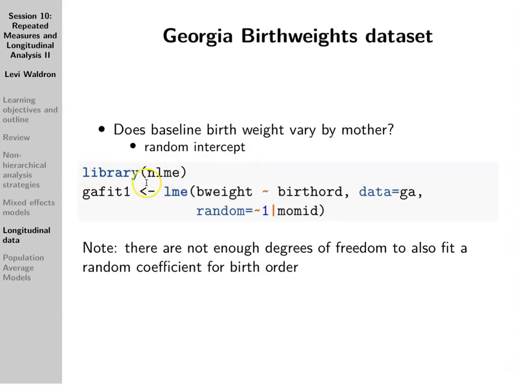So I'm going to fit another LME here with the outcome of birth weight as described by birth order, and with a random intercept according to this ID variable mom ID. And I found that there are not enough degrees of freedom here to also fit a random coefficient for birth order, so I'm just sticking with the random intercept.